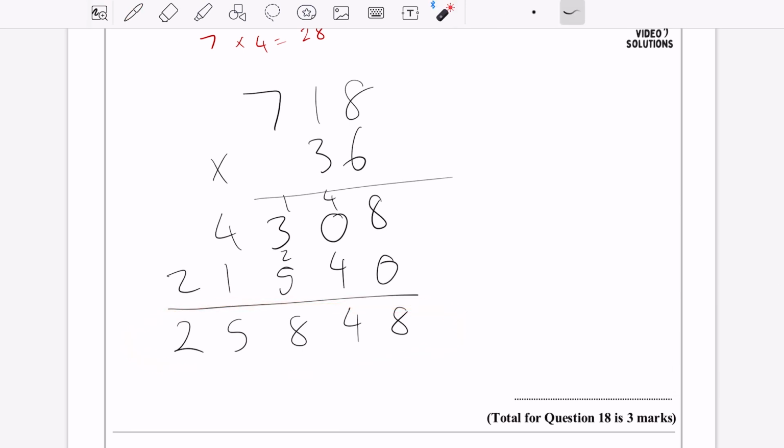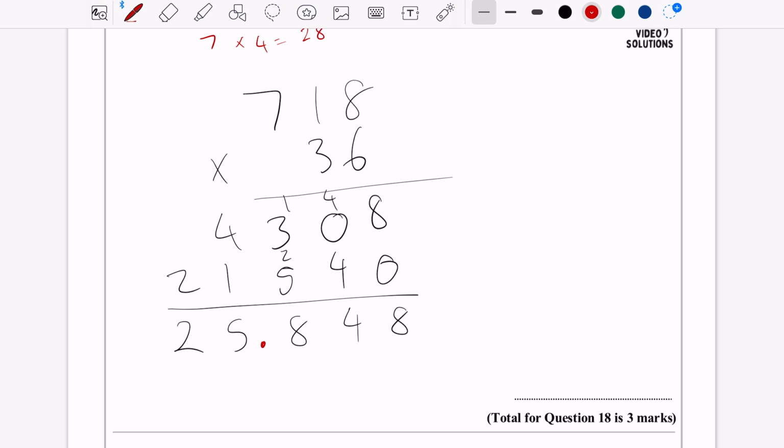I'm not going to put it here because that's 2,584. I'm not going to put it here, that's still too big. I'm not going to put it at 2.5, that's too small. So realistically speaking, my decimal point is going to go here, in the 25 point. Right, that's all you need to do. Just think logically for that final mark. And to be honest, if you mess it up, you still got 2 marks anyway.